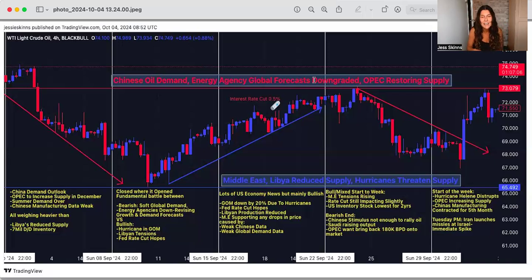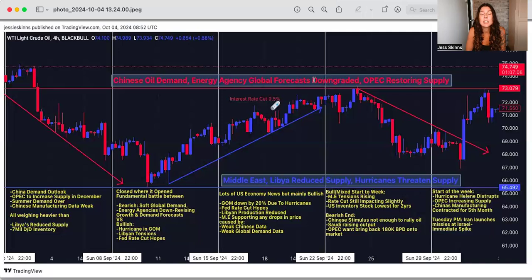It's a huge topic. Moving on to energy agencies, and they have revised their global forecast for the rest of 24 and 25 downwards. So they believe, the energy agencies believe, that demand will be softer, and therefore price will go down. So the energy agencies consist of three organisations: EIA, the IEA, and OPEC.